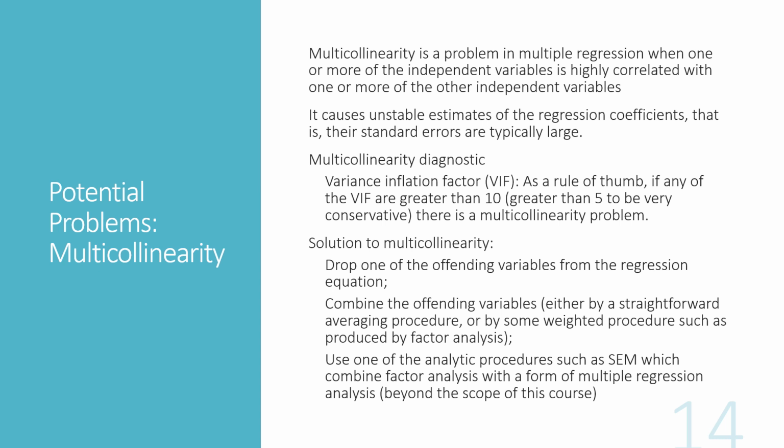If any independent variables have VIF values above 10, possible solutions include: number 1, removing one or more highly correlated variables. Number 2, combining highly correlated variables by computing their mean or sum if conceptually appropriate. Number 3, using advanced techniques like structural equation modeling, which is beyond the scope of this course.